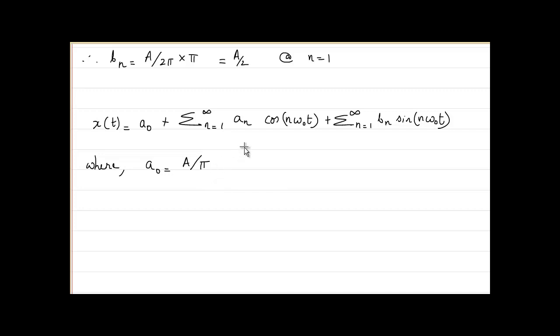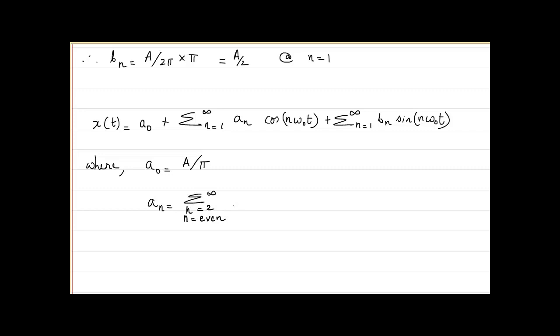For an, I will write summation over only even values of n up to infinity, or we can write n is equal to even as well as n is equal to 2 to infinity. So in this way it will be okay.